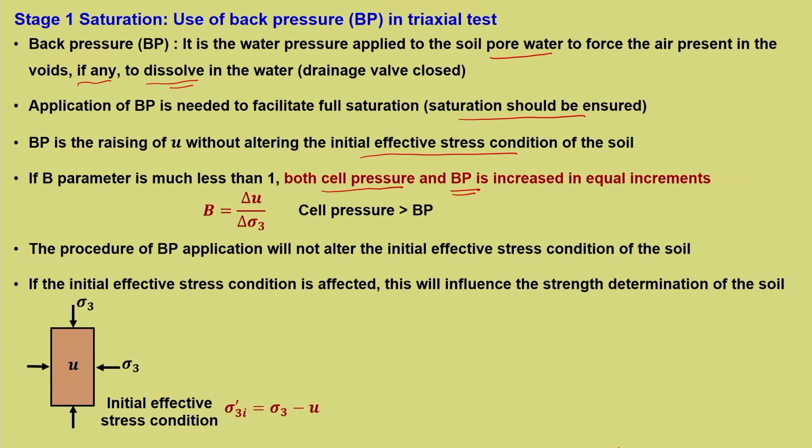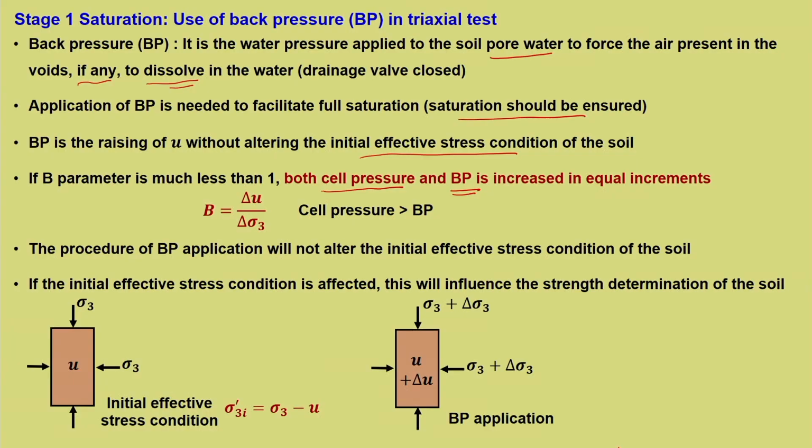Now, we will make assessment of B parameter. Let us say it is substantially less than 1. So, you need to saturate the sample, this much is understood. So, you apply the back pressure. When you apply the back pressure, that is an increase in terms of delta U, there is an increase in cell pressure delta sigma 3, and delta sigma 3 is equal to delta U. So, it is equal increment.